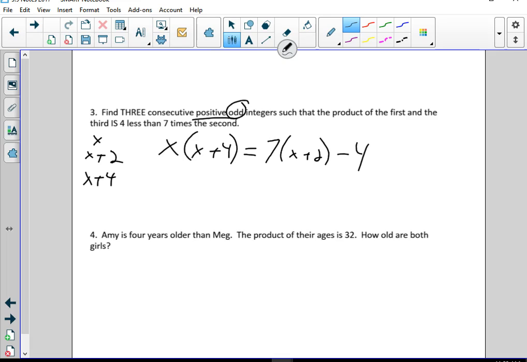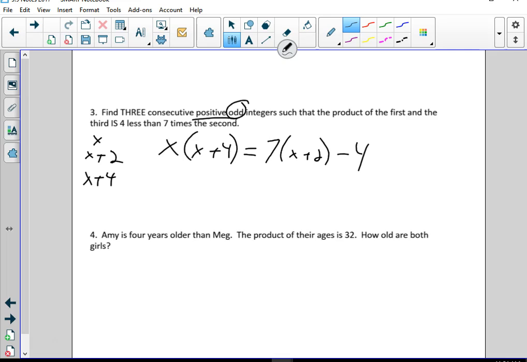Let's look at it carefully. My first number is x. My second number is x plus 2. My third number is x plus 4. All right? So let's just imagine, if x was 5, that'd be 5, 7, and 9. Does that make sense? Okay. So 5, 7, and 9.